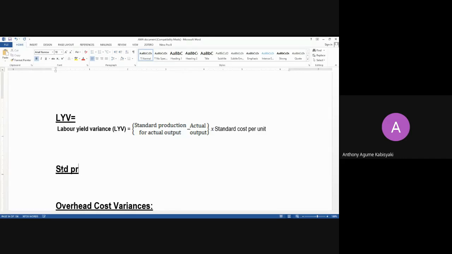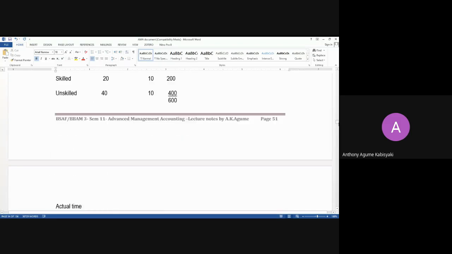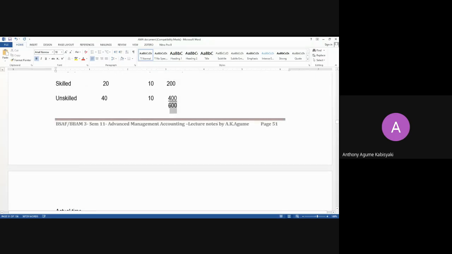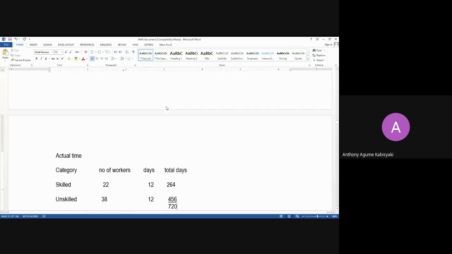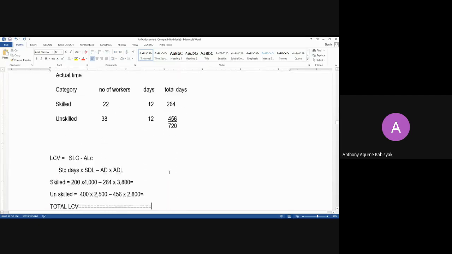standard production for actual output, I need to get the standard time, which is 600, divided by the total actual, which is 720.